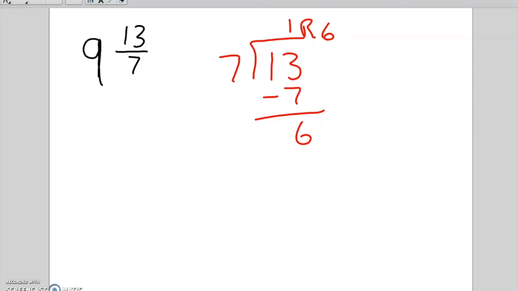Okay? So that means that is 1 6/7. Add the 9. 1 plus 9 is 10. So it is 10 6/7.